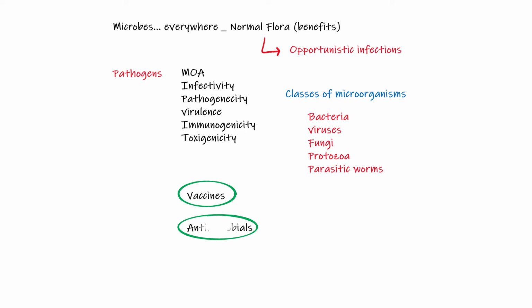We will look at what antimicrobial drugs or agents are available that we can use to fight these infections. And also we will talk a little bit about antimicrobial resistance. Some of these microorganisms have developed resistance to some of these drugs that we have. And towards the very end, we'll mention a little bit about healthcare acquired infections, infections which are acquired in a healthcare setting, for example, in a hospital.